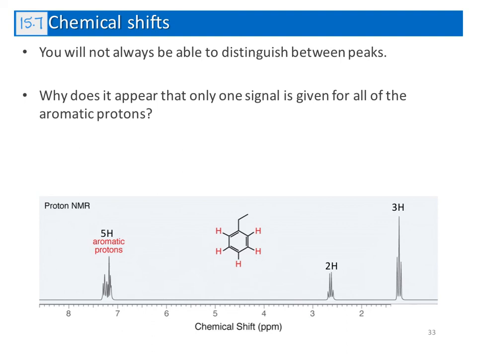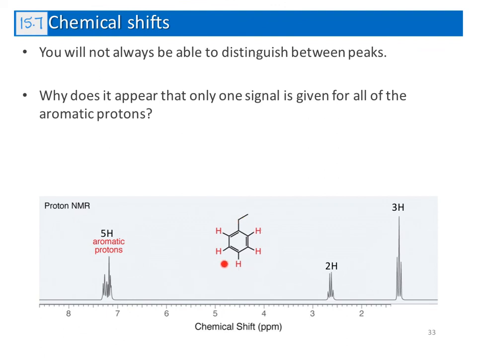For example, here in the more upfield region, lower ppm, we can see a triplet integrated to 3 hydrogens and a quartet integrated to 2 hydrogens. If you remember, a triplet with integration of 3 along with a quartet with integration of 2 is the sign for the presence of an ethyl functional group in the molecule, and here is the ethyl group.